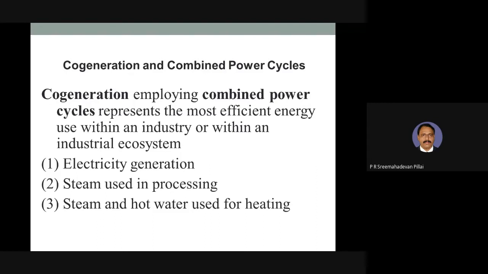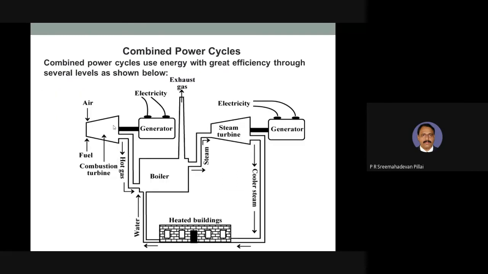See the next slide. Then in many places, combined power cycles should be there. Combined power cycle means what I told about Kayamkulam. In one cycle, the fuel is burnt and the heat generated drives the steam turbine.